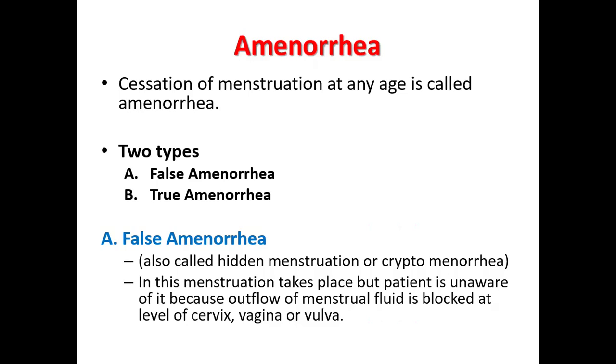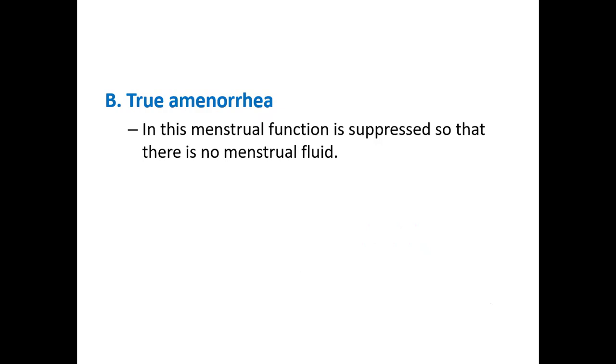Blood is being released but because of the blockage there is no oozing out, so the patient senses that there is no menstruation. That is why it is known as hidden menstruation or cryptomenorrhea.